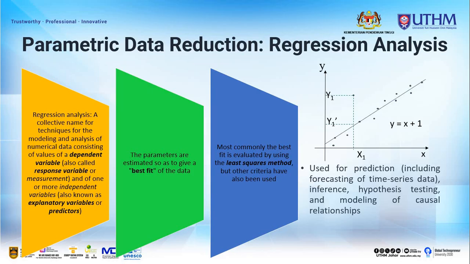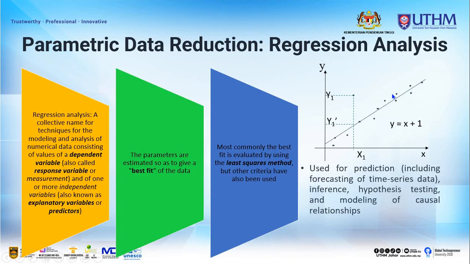For parameter estimation, parameters are the coefficients or constants in the regression equation that define the relationship between variables. For the best fit, the parameters are estimated to provide the best fit of the data. So even though the data points here are a scatter plot, we try to obtain the best fitted line. That is the function of regression analysis.